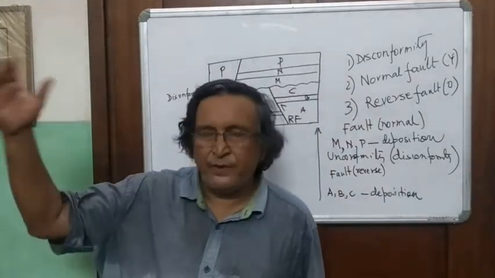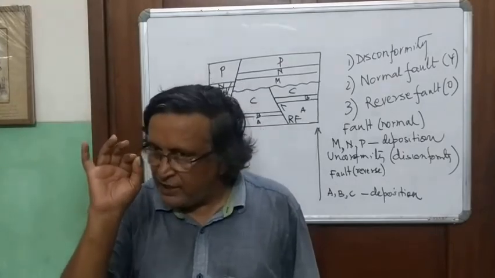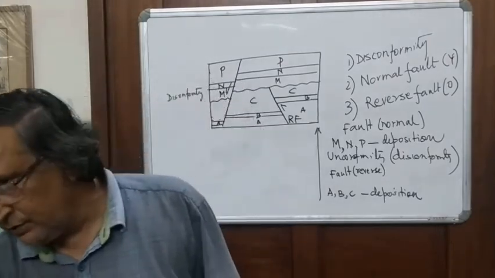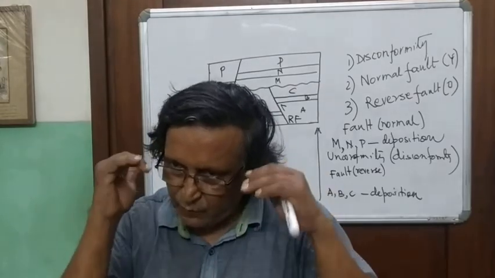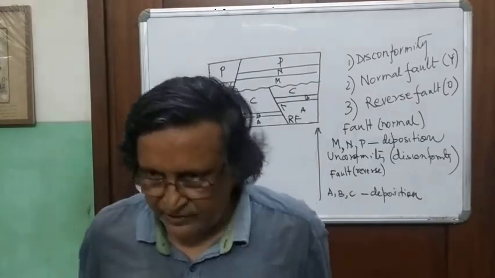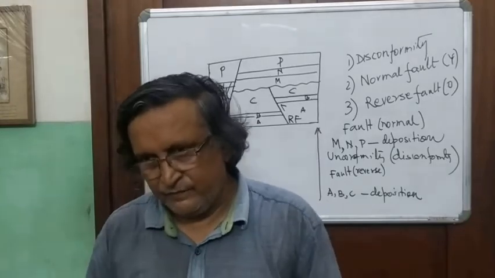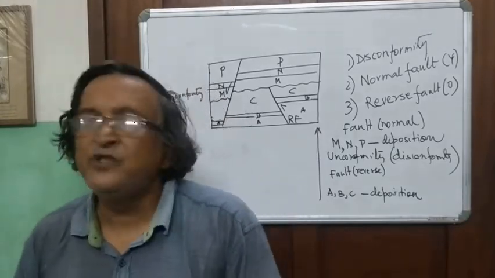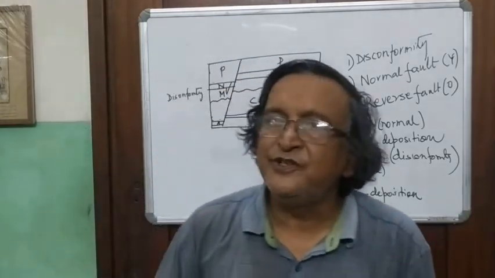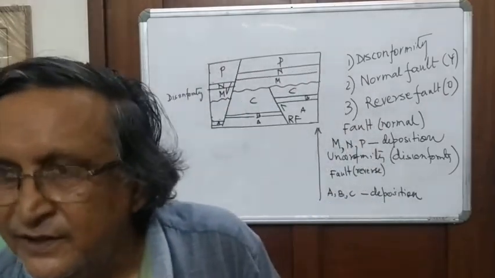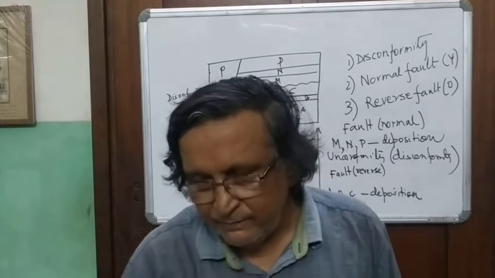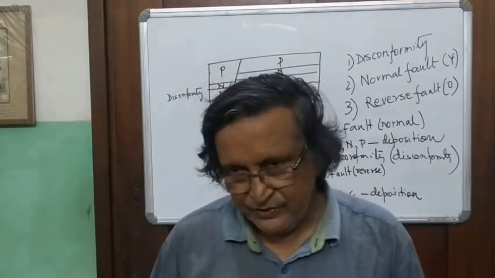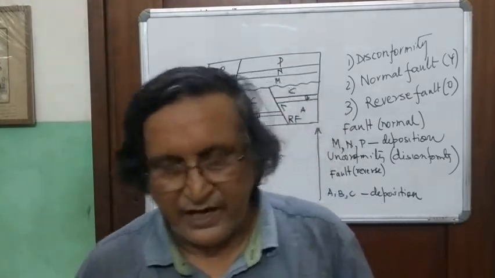I will answer your questions later on, but first you should draw one section where there is one angular unconformity, one disconformity, and one nonconformity. That's it, no faulting, nothing. But if you are a good student and working hard, you will encounter a problem. I want you to tell me, what problem did you encounter? Right? So, I stop here for this slide.